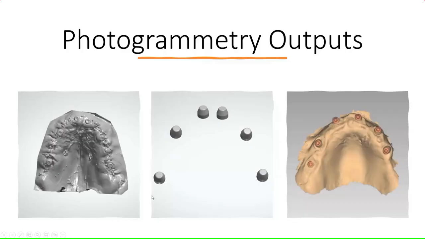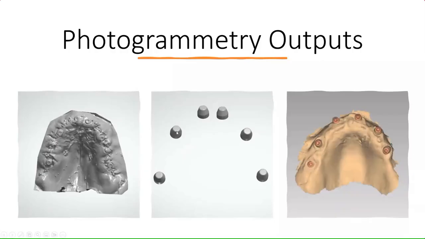Now, one of the things with photogrammetry that you should be aware of is once the implant positions are captured with photogrammetry, you cannot change the relationship between them. All you're going to be really changing is the relationship to the soft tissue, and I'll show you that as we go through.